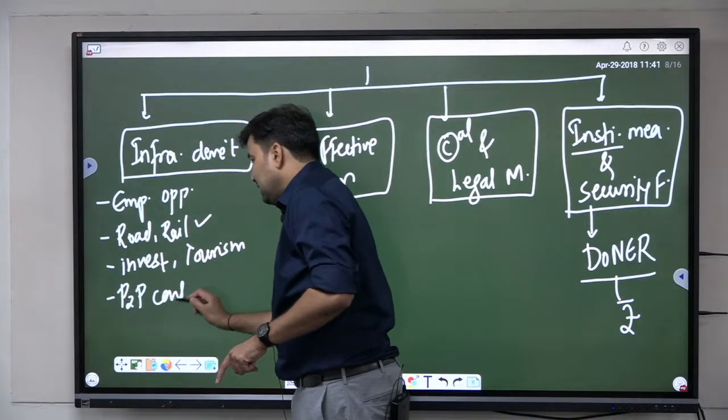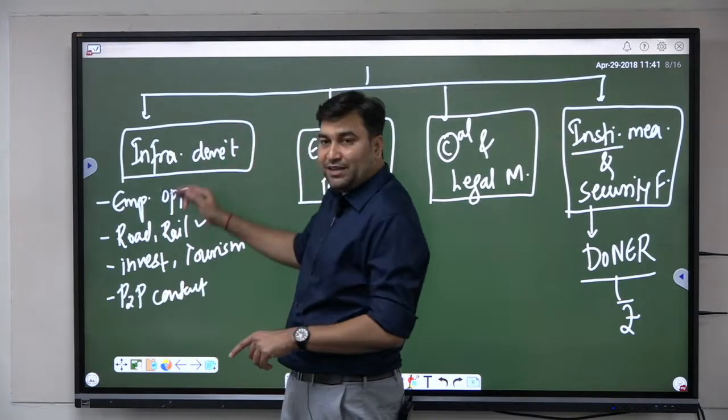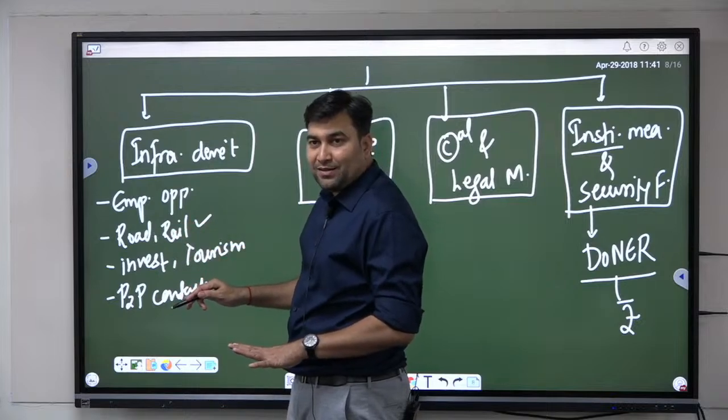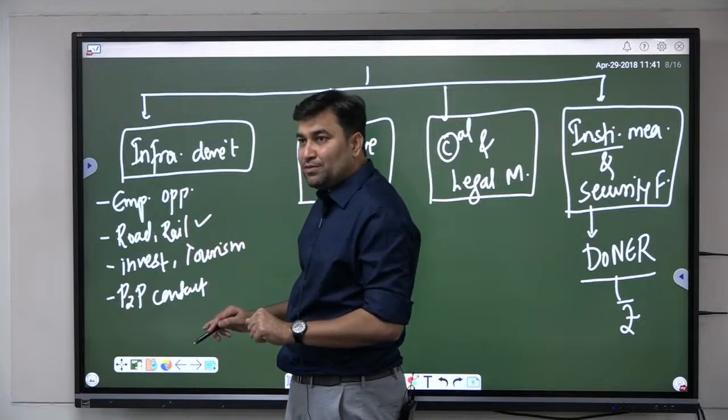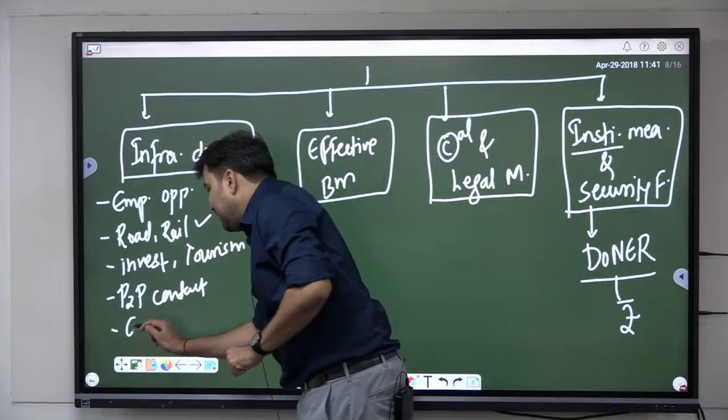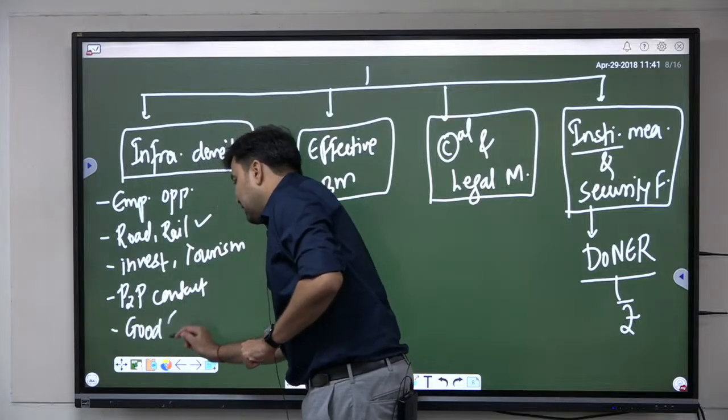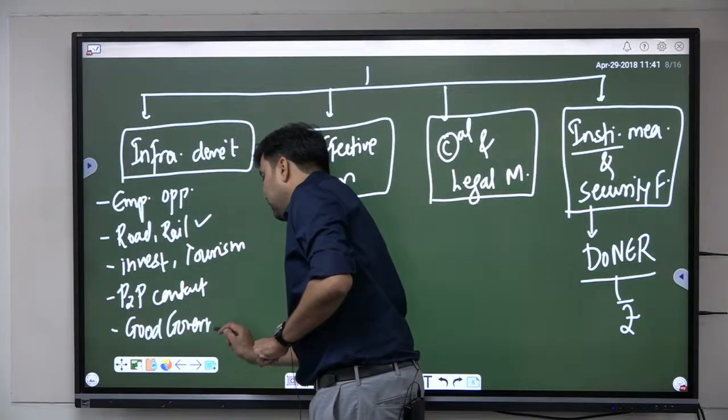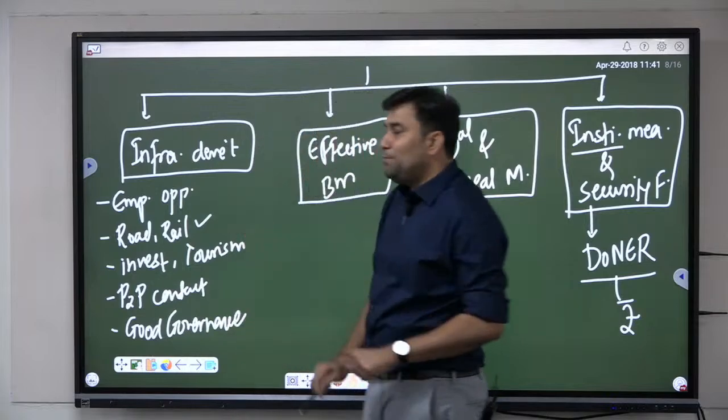I am writing this in the context of infrastructure, but still I am writing it here. People-to-people contact. Reduce discrimination and deprivation, and bring development, that is good governance. Good governance and different schemes should be implemented.